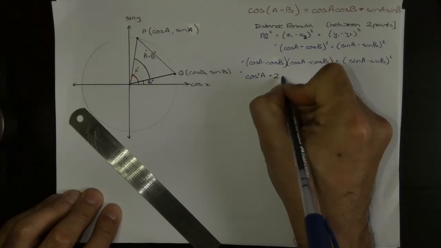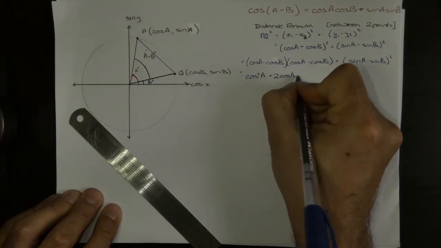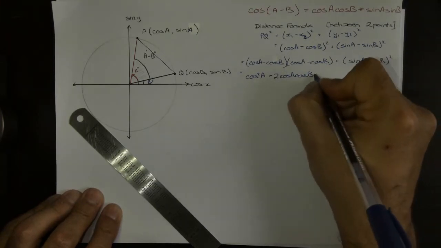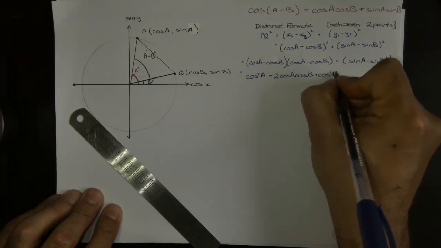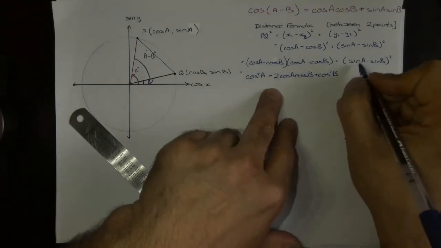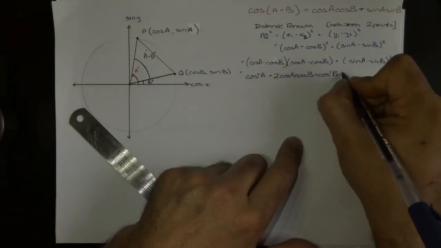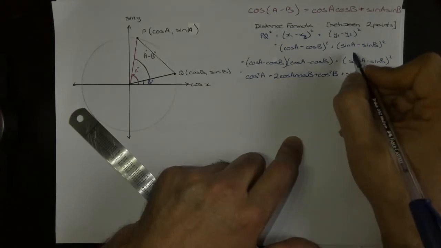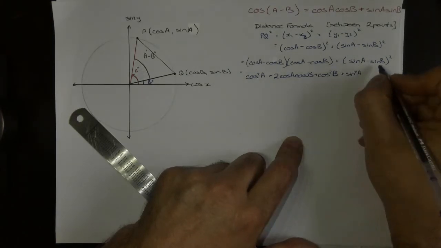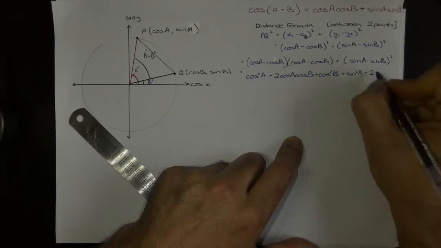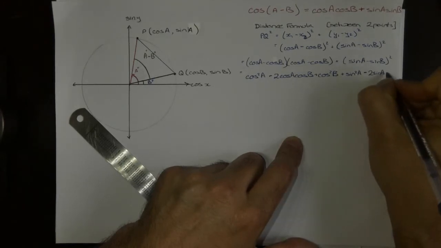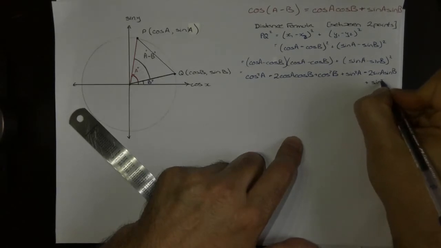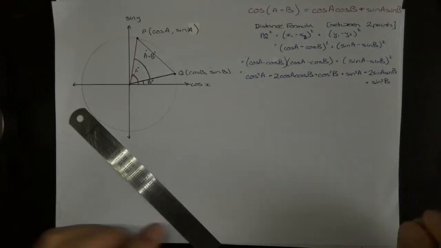So minus 2 cos A cos B, and then square the last term, so it's cos squared B. And it's the same for the sine, so we're going to add sine squared A, then minus 2 sine A sine B, and plus sine squared B. Okay.